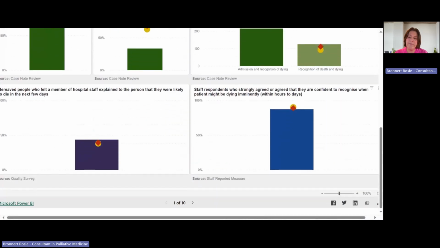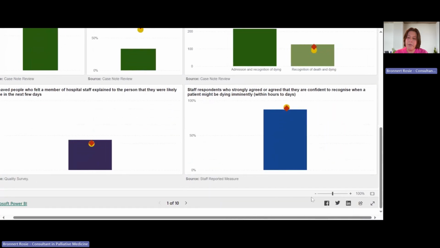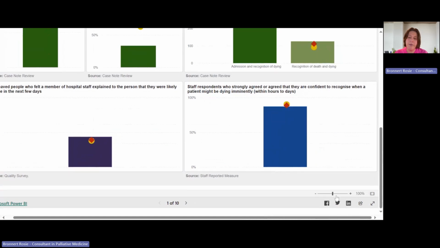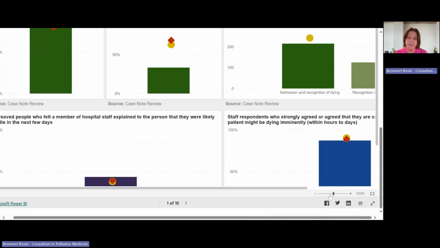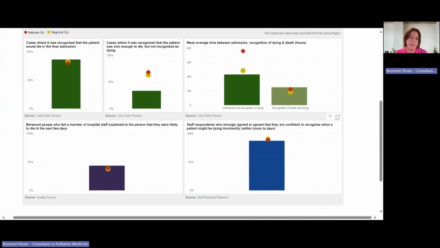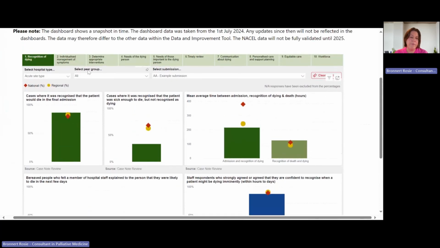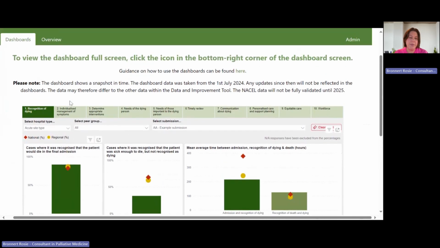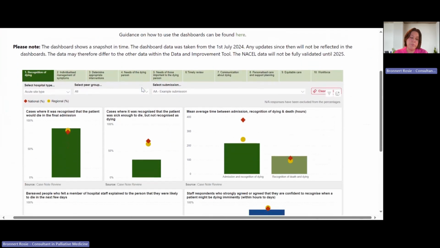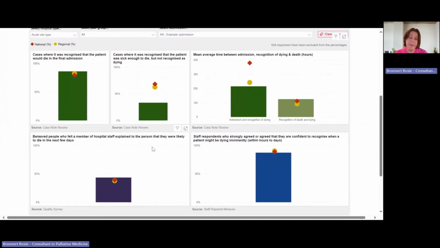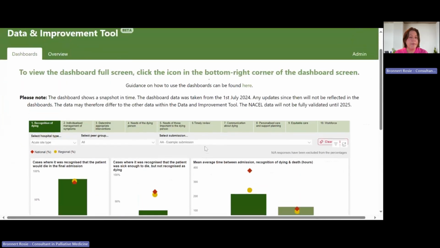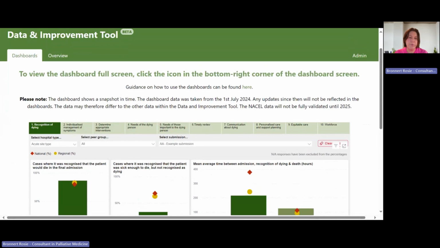So this is a summary view, and as you can see, you can use the different view buttons down here to fit it to the page and adjust the size to help it fit so that it is easier for you to review. And a bit like the overview section, there are these tabs along the top. So depending on how you want to present your data, how visual people want and how much detail, those different overview and dashboard views can be really helpful.